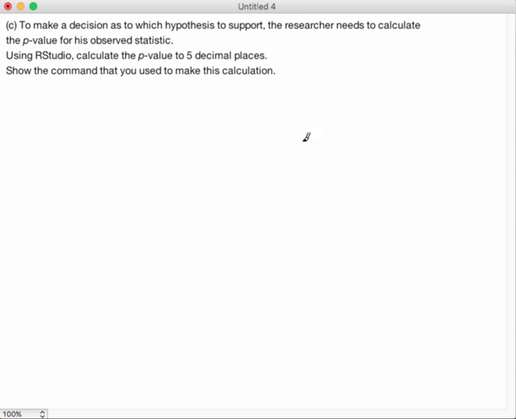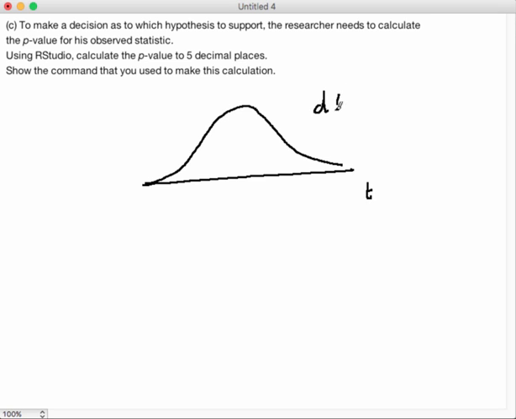Okay, so we're going to go back and redraw the drawing that we just did and use that to help us figure out what we're going to do in R, okay, in RStudio. Again, this is a t-distribution with degrees of freedom equal to 34, and our test statistic was negative 2.414726, okay?